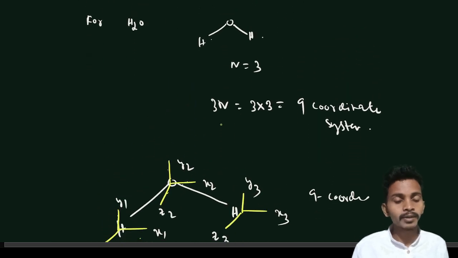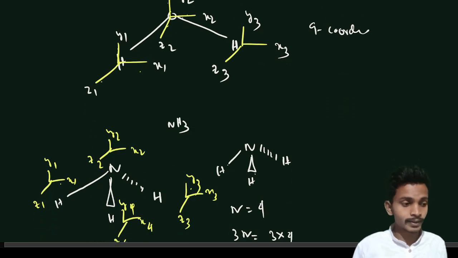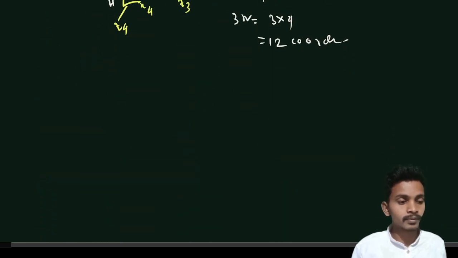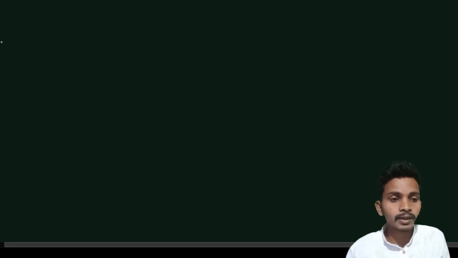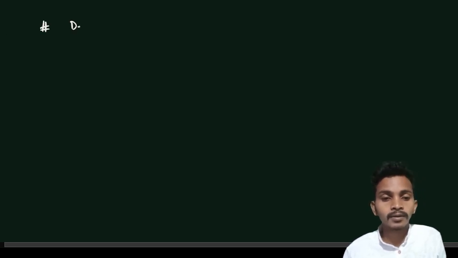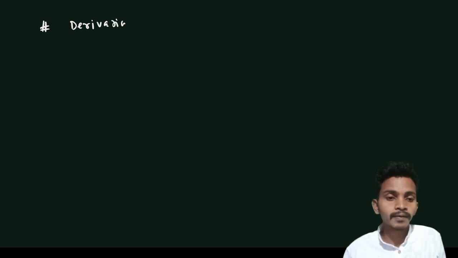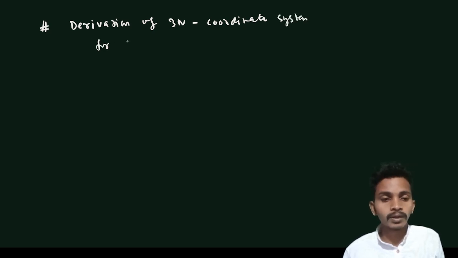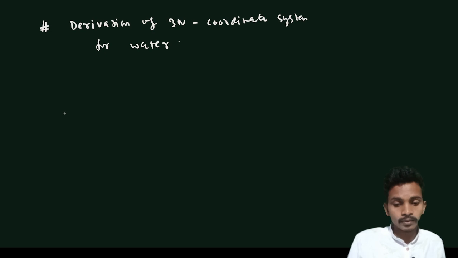Okay, so let's derive the 3n coordinate systems for water. After that we will look at NH3 also. So let's derive the 3n coordinate systems for water. Okay, so how can we derive it?